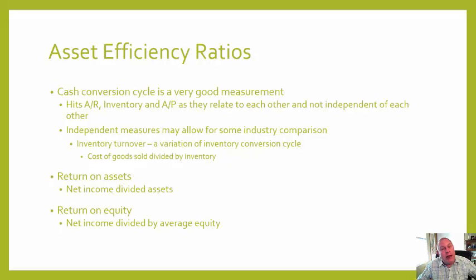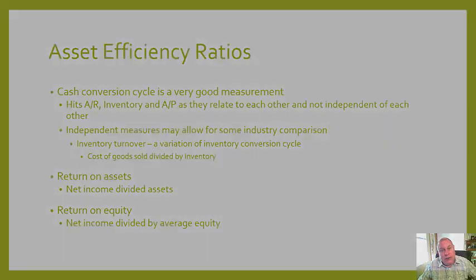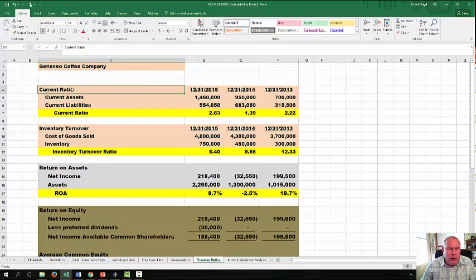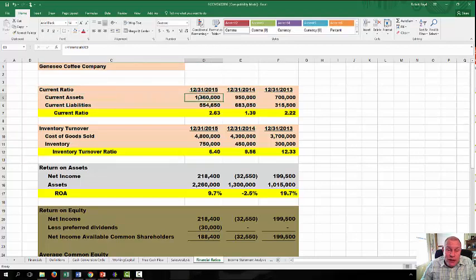Let's take a look at how that works with Geneseo Coffee Company and Destination XL. Let's take a brief look at Geneseo Coffee Company to see how these numbers stack up for them. I've started with the current ratio, and I've built this model, like the one I used for Destination XL, based on my source documents, my financial reports.